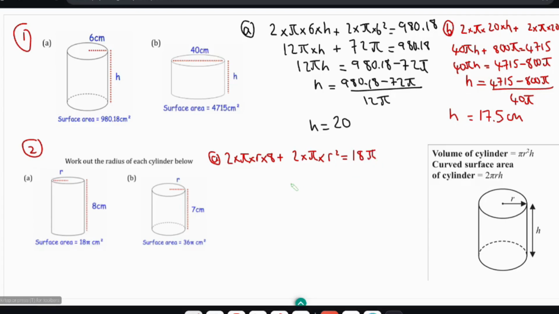I can divide everything by pi and simplify. 2 times 8 is 16, so 16r plus 2r squared is equal to 18. It's a quadratic equation, because we've got an r squared in it, so it needs to be equal to 0. I'm going to subtract 18 off both sides.